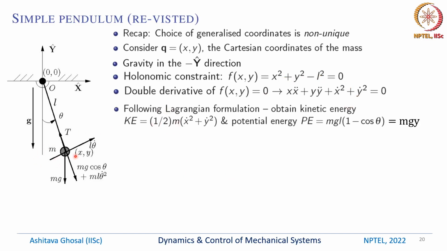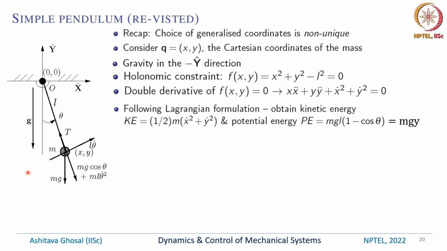The kinetic energy of this mass is nothing but half m times x dot squared plus y dot squared. This is a massless rod of length L, so the kinetic energy is only half m v squared. The potential energy is mgL into 1 minus cos theta.